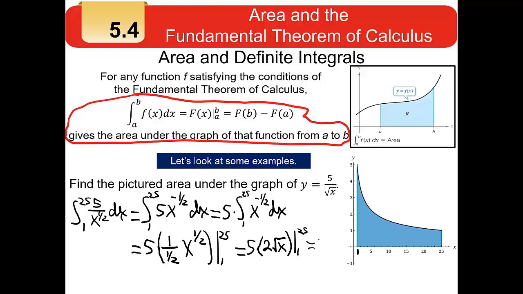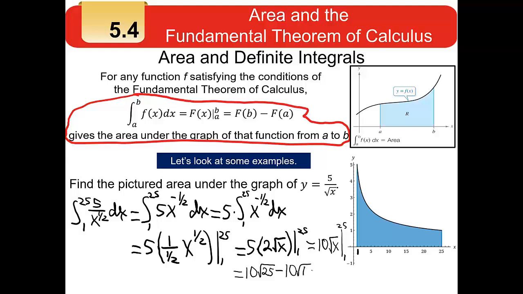Of course, 2 times 5 is 10, so you get 10 times the square root of x evaluated from 1 to 25. Easy enough. You put in the top number, which is 25, so you get 10 square root of 25, minus, then you plug in the bottom number, which is 1.